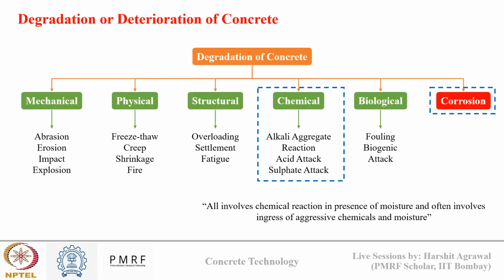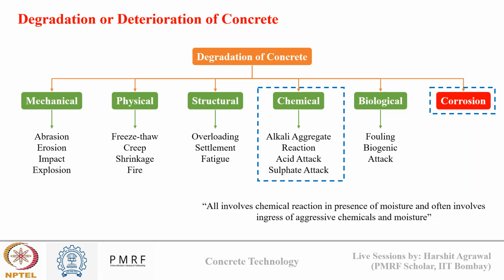Then, coming back to the course content, we defined different ways in which degradation can happen in a concrete structure, which can be classified into six divisions: mechanical, physical, structural, chemical, biological, and corrosion. In this, we talked in detail about chemical degradation, where we discussed sulfate attack, both internal and external, along with delayed ettringite formation.